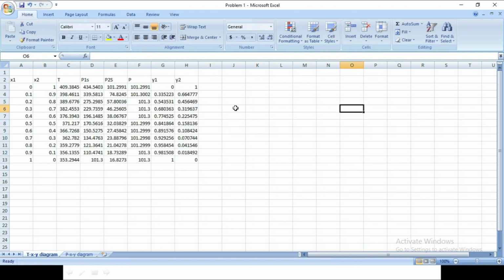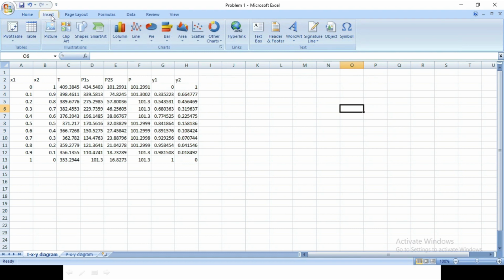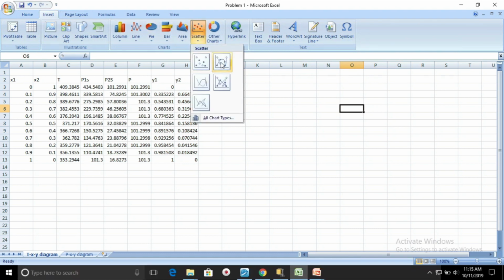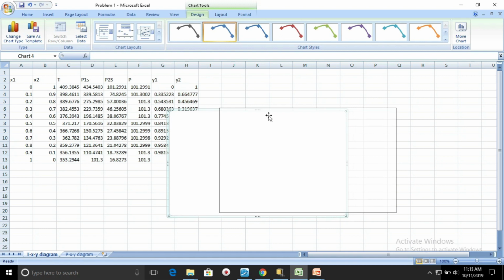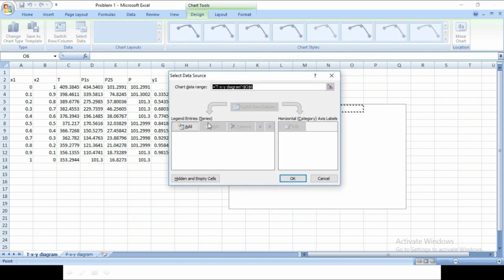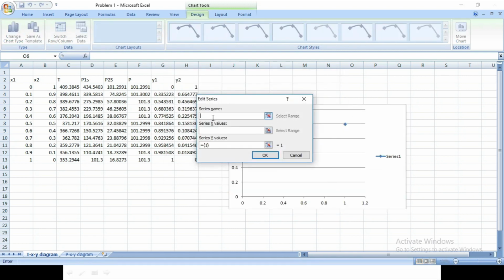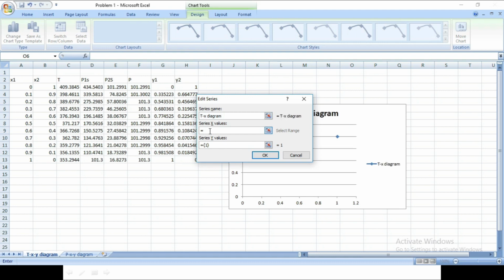Now we have successfully generated the TXY data. Let us construct the TXY diagram. Y1 is our temperature data.